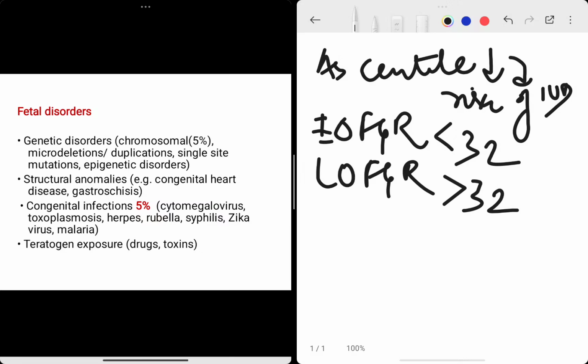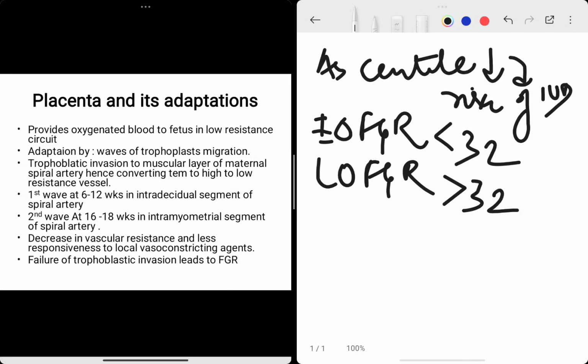Congenital infections can be there in 5% of the cases, like cytomegalovirus, toxoplasmosis, herpes, rubella, syphilis, Zika virus, malaria, and teratogenic exposures like drugs and toxins. So the fetal disorders include genetic disorders, structural abnormalities, congenital infections, and teratogenic exposures.